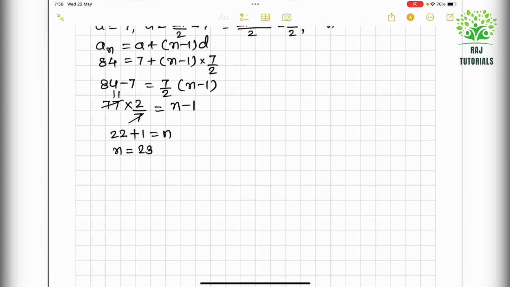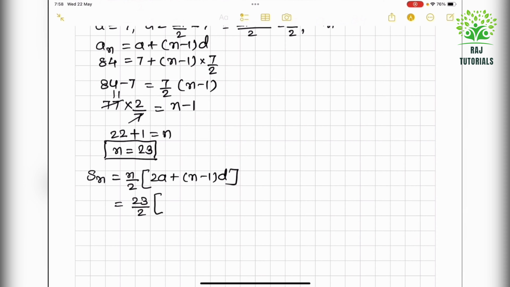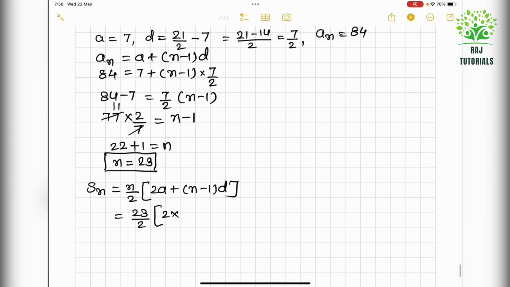Now n I have got, so now I can find Sn. So Sn equal to n by 2 into 2a plus n minus 1 d. So 23 by 2 into 2 into a was 7 plus 23 minus 1 will be 22 into d was 7 by 2.